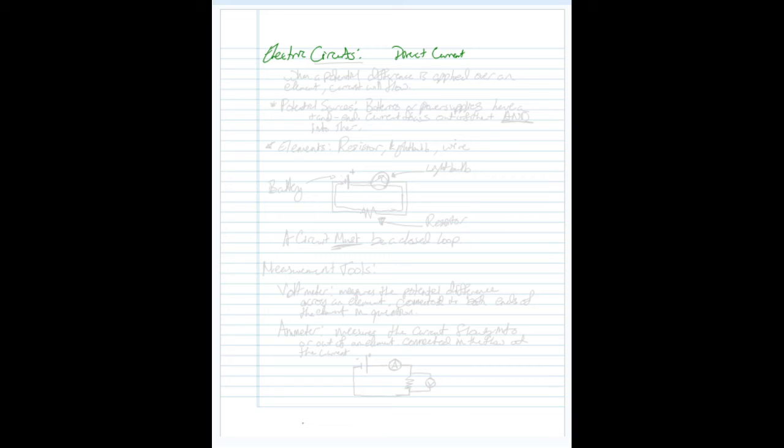So electric circuits are just operating under the understanding that when a potential difference is applied over an element, current will flow.